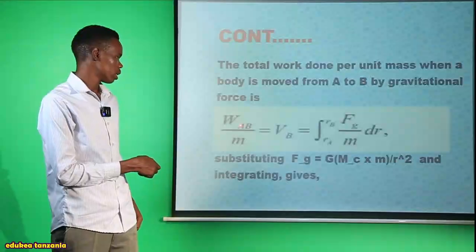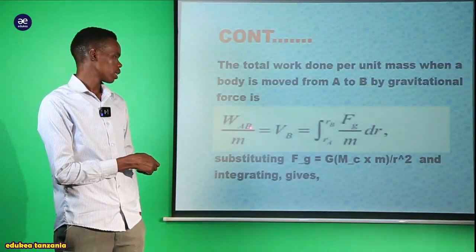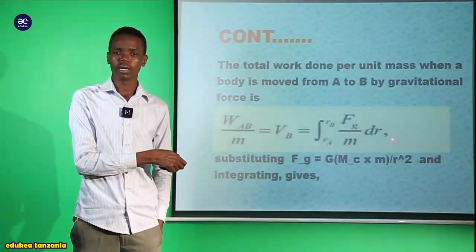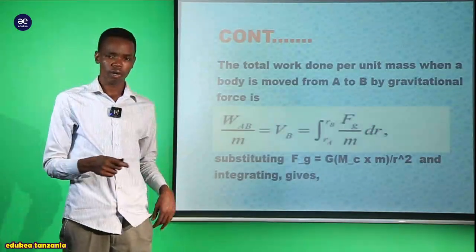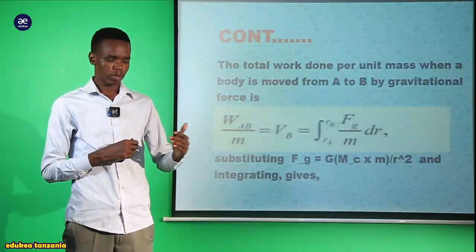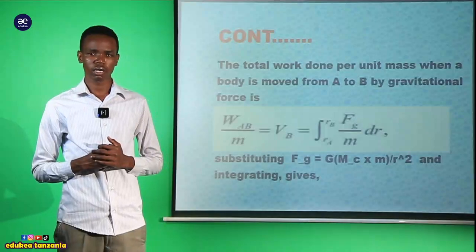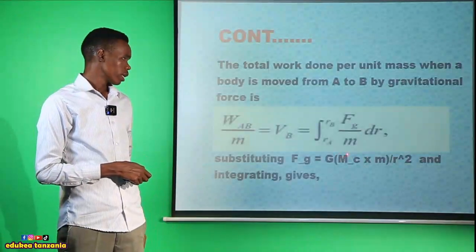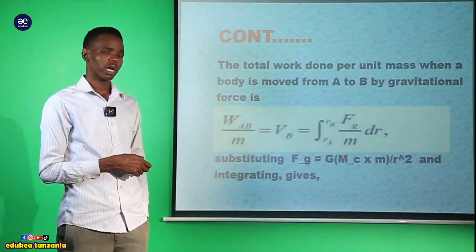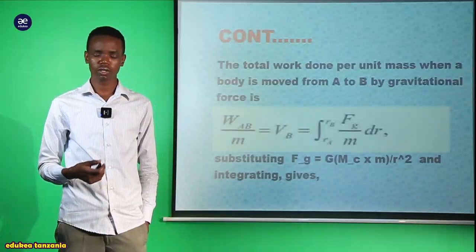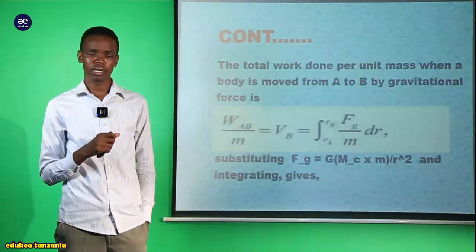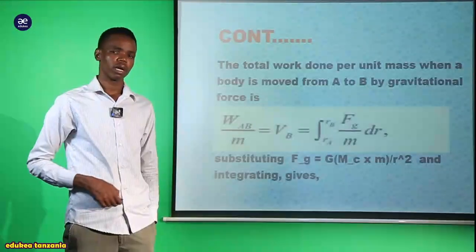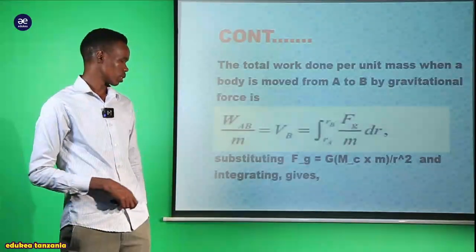Instead of writing the work done AB, we put its formula, which is the gravitational force times the small distance between the point A and the point B. Now we introduce the integration from the point A to the point B, that means from RA up to RB.